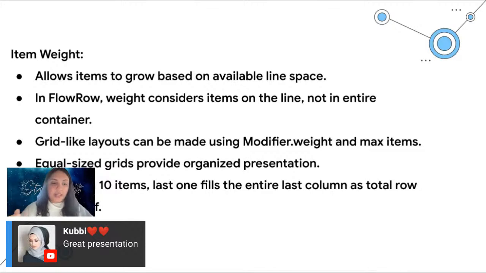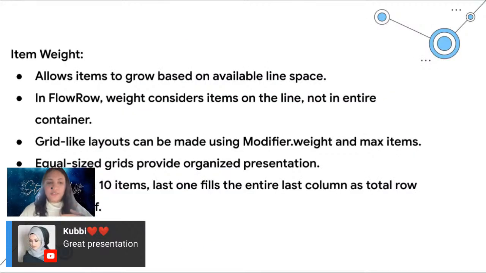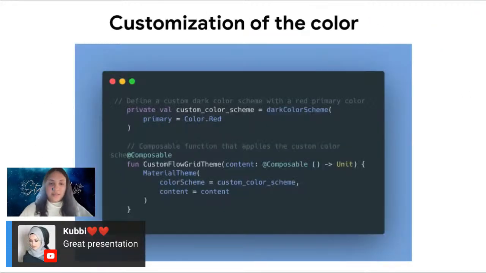Yeah, so just a note, we're going to look at a 3x3 grid, which is 9 blocks, but if you had 10 items, the last one will fill the entire last row as a total row weight of 1f.